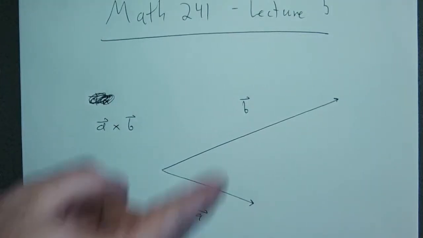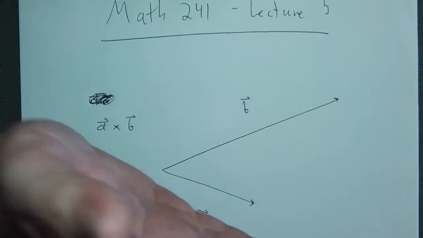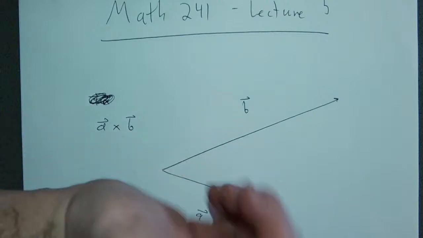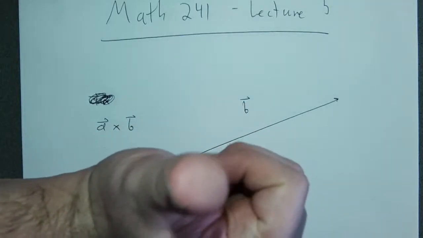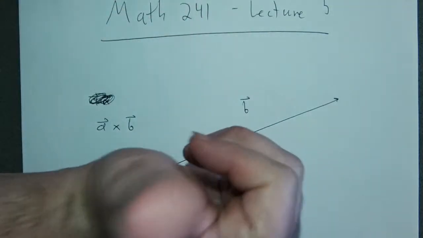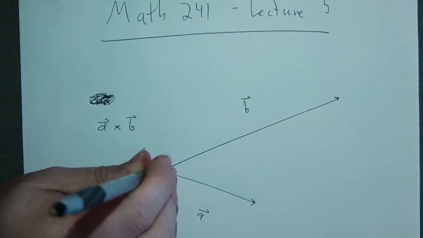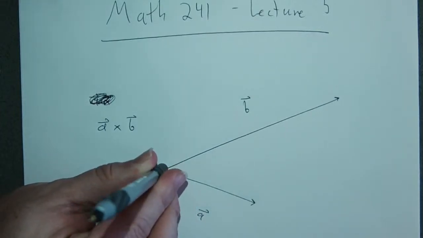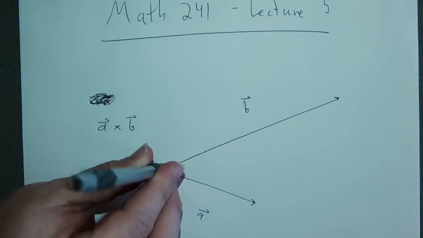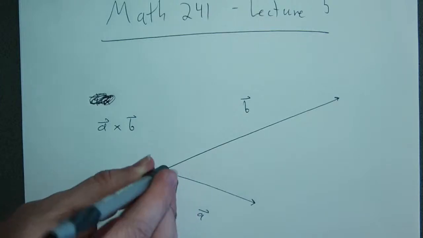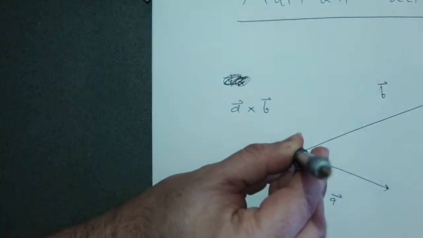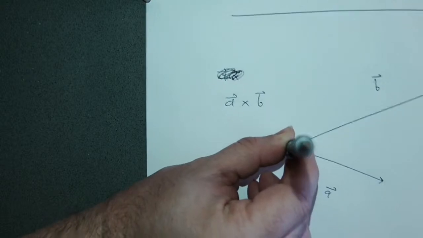So for A cross B, I let my fingers curl from A to B, and then I pay attention to the direction that my thumb points. My thumb points in the direction of A cross B, and A cross B is going to be some vector sticking directly out of the paper. Because of the angle of the camera this maybe looks weird, but it is sticking directly out of the paper here.